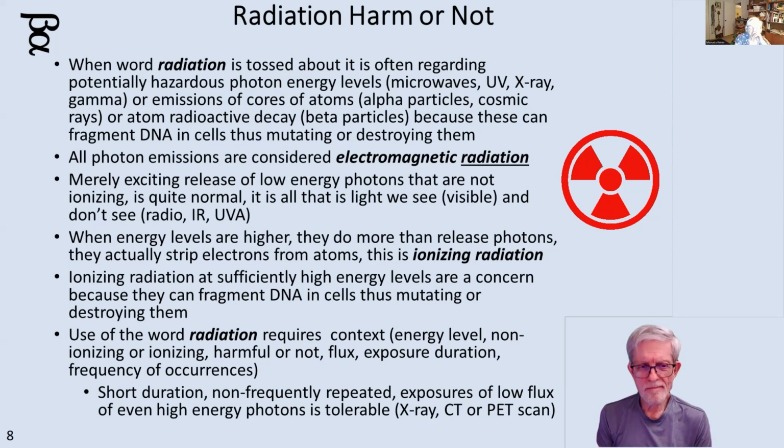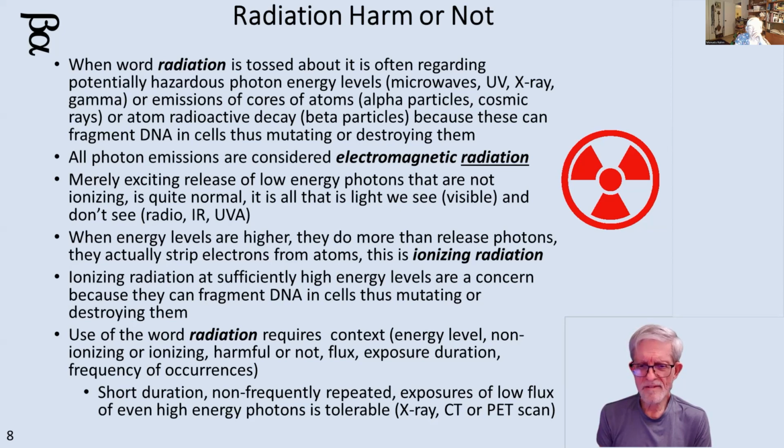An emission of photons is electromagnetic radiation, but not all of it is high enough energy level or high enough flux to cause any physiologic damage. In high intensity microwaves, UV, X-ray, or gamma, those are things to be concerned about.